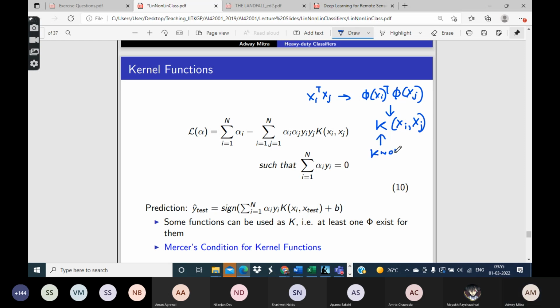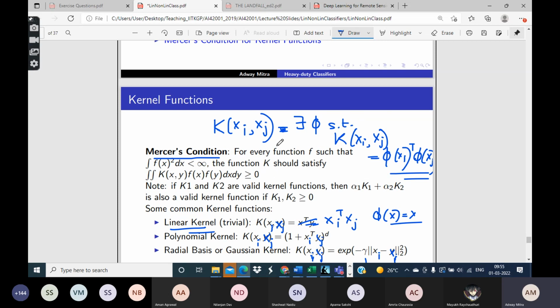I have chosen it. So once I have chosen this function k, xi and xj are two training data points, so I can just operate the function on them and I will get some numerical value. That's all there is.